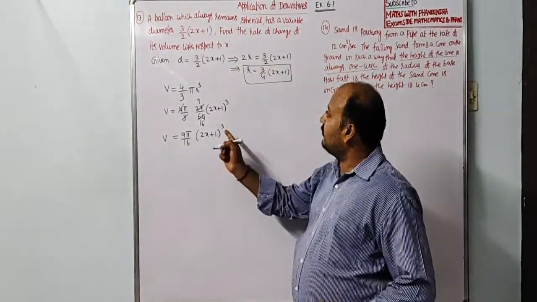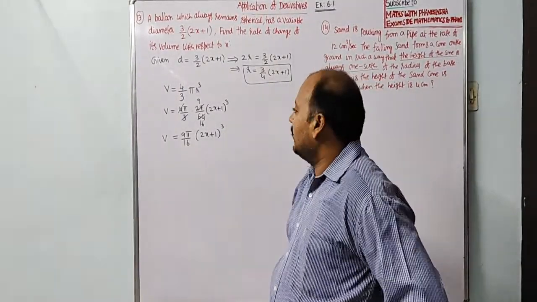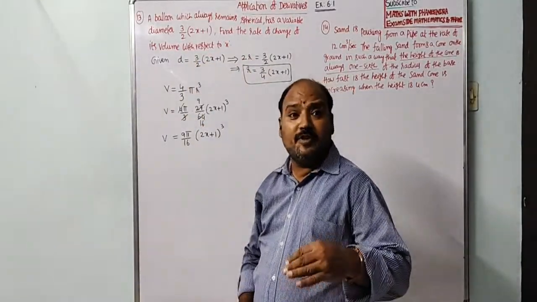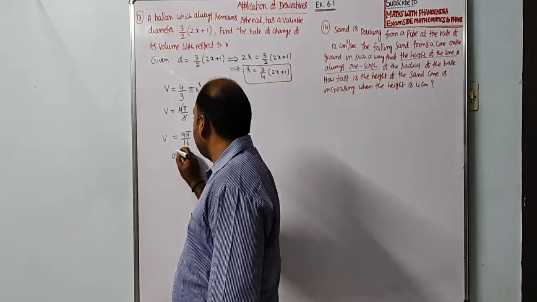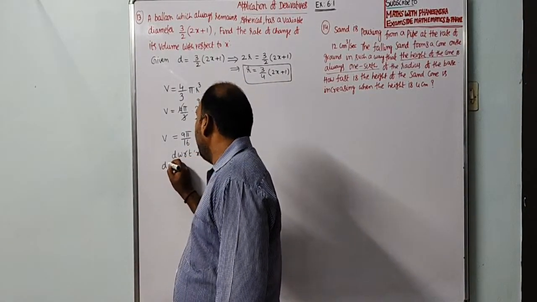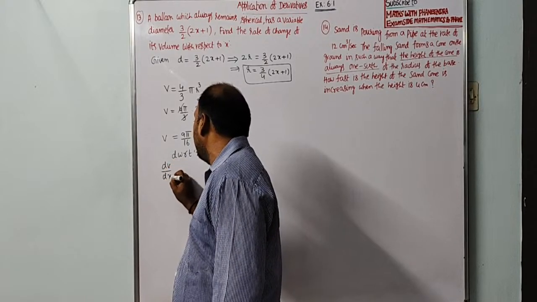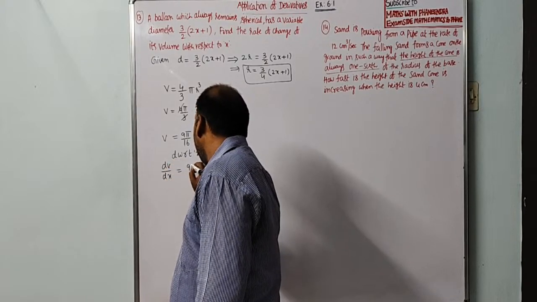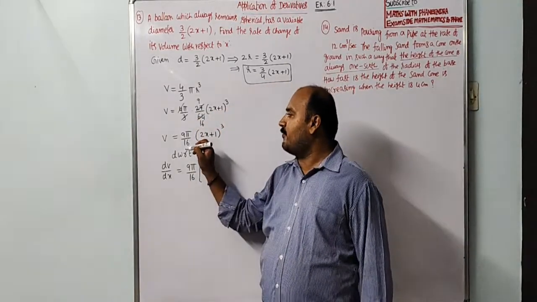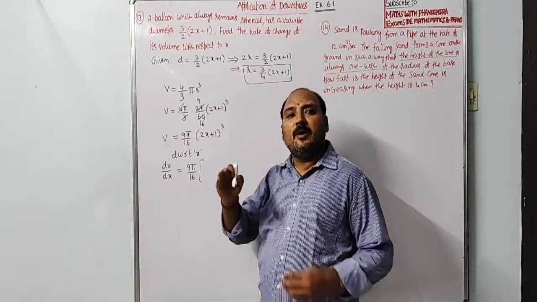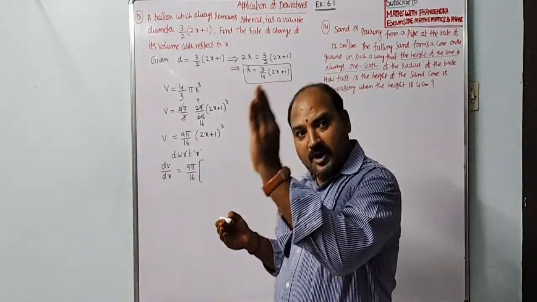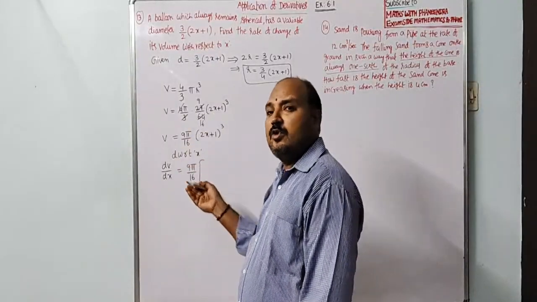In terms of radius we got it. Now they are asking to find the rate of change of volume with respect to x. So differentiate with respect to x. So dV by dx is equal to 9 pi by 16 into, it is in the form of f of x whole power n. d by dx of f of x whole power n is what? n into f of x whole power n minus 1, again f of x to differentiate.